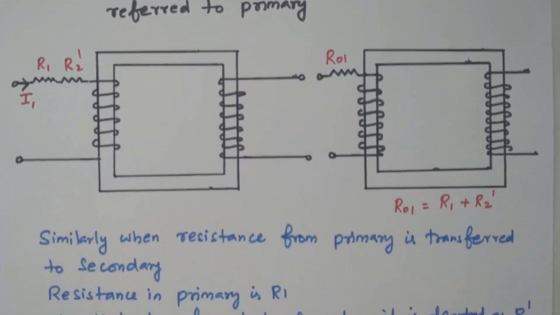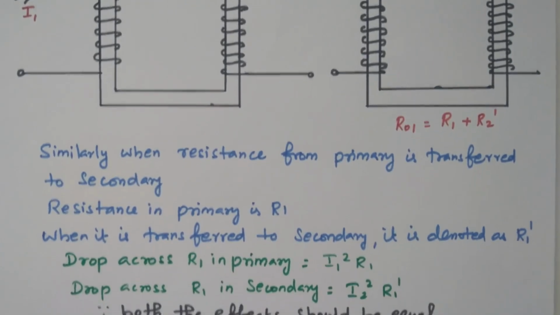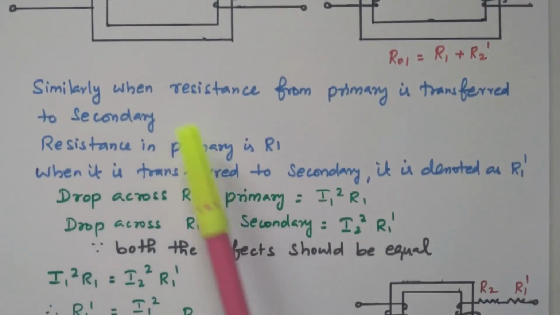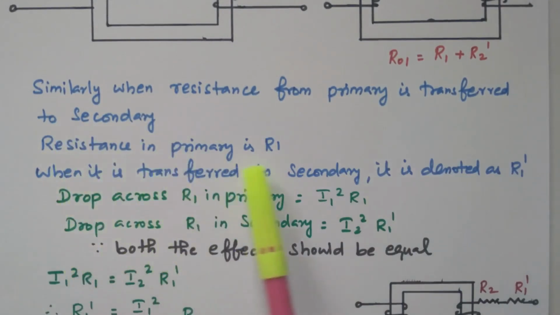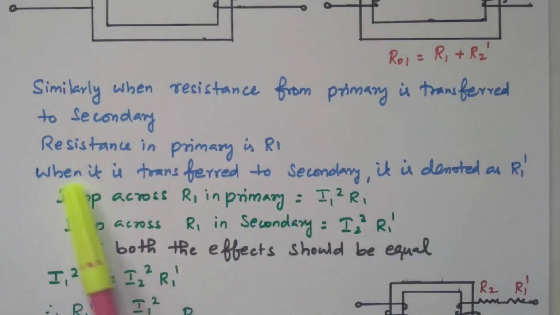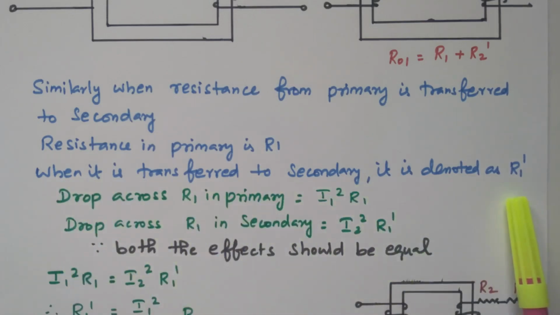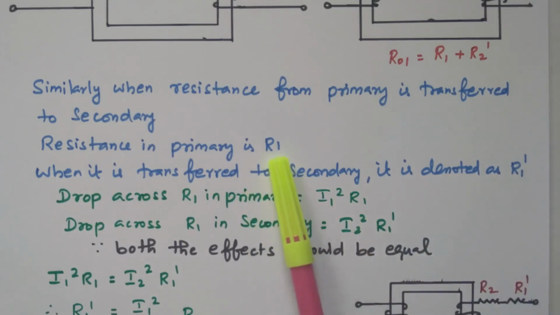Similarly, next we will see when the resistor is transferred from primary to secondary winding. What will happen? The resistance in the primary is R1. When it is transferred to secondary, it is denoted as R1 dash. R1 is the original resistor available in primary, while transferring to secondary it becomes R1 dash. Now what is the drop across R1 in primary?